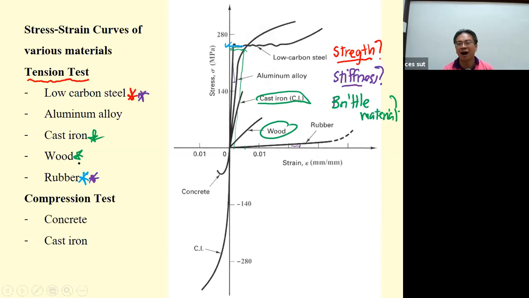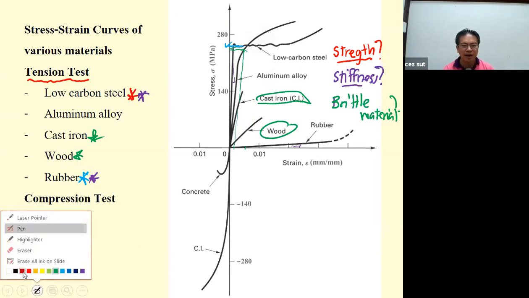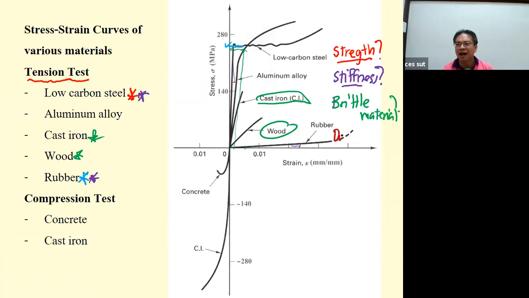These are the brittle materials. Which material can be considered as the ductile material? That may be asked like this. So ductile materials can be aluminum alloy, low carbon steel, or the rubber.